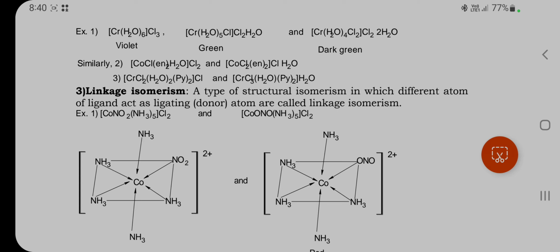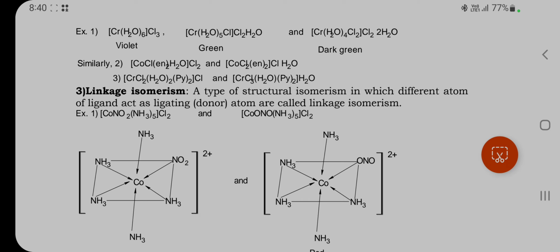Here you can see in the first complex there are 6 aqua ligands, that is, water molecules. In the second example, 5 water molecules are present inside the coordination sphere and 1 water molecule is present outside the coordination sphere.